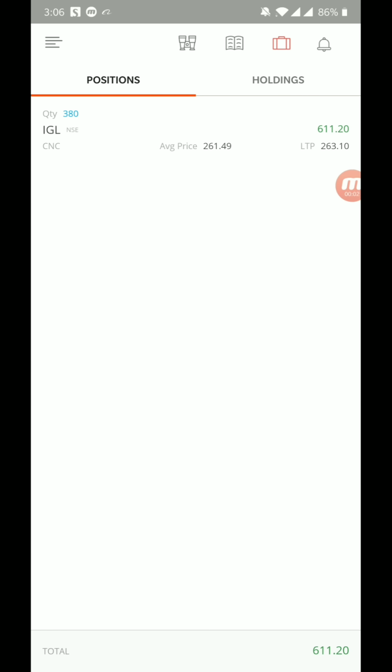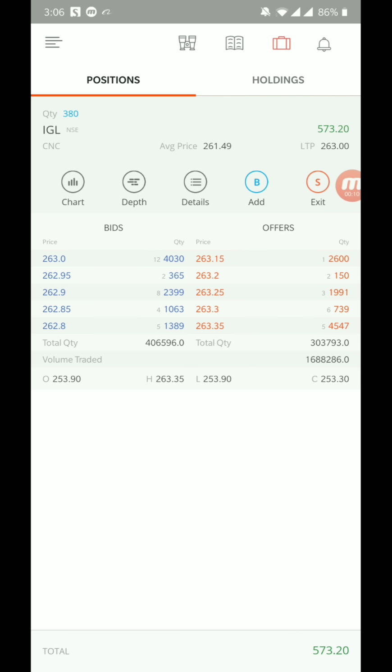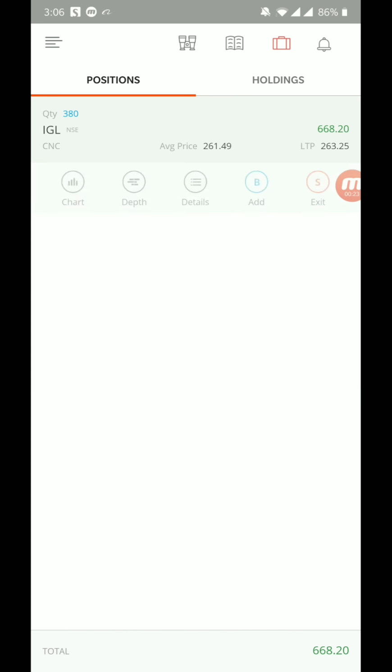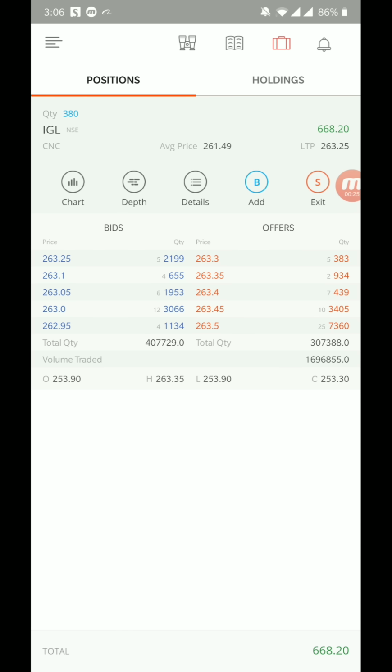So currently, if you see, the stock has come above 0.5%, that is 500 rupees, and currently moved up to 263.20. Highest is 35. So this is cash and carry for the day.